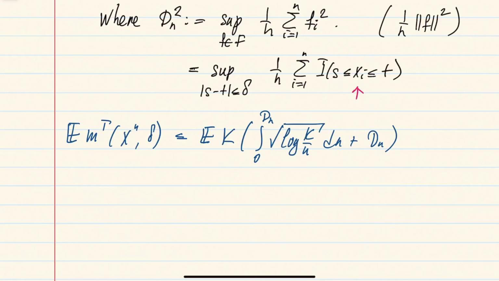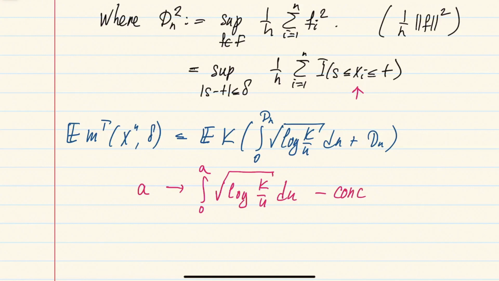Although this is not very important, it's a little cleaner to notice that when you look at this integral as a function of the upper limit, it will be a concave function, because the derivative is the square root of the log of 1 over u, which is clearly decreasing in u.